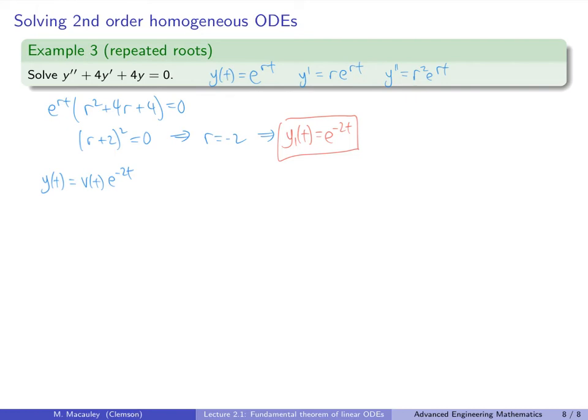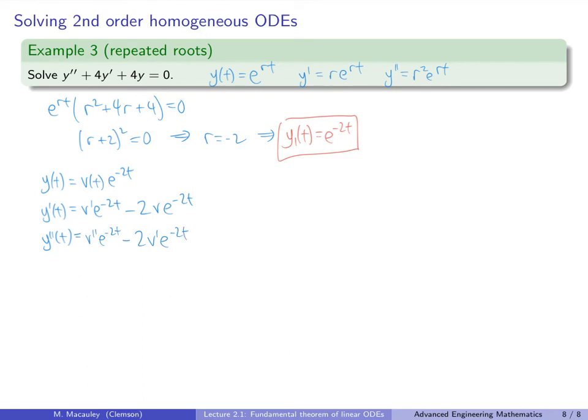So let's take derivatives. The derivative of this is v prime e to the minus 2t minus 2v e to the minus 2t. And the second derivative, now this should remind you, is done by the product rule. It's a product of two functions. So now we have to do the product rule again on each of these two terms. So the product rule on the first term is v double prime e to the minus 2t, minus 2v prime e to the minus 2t.